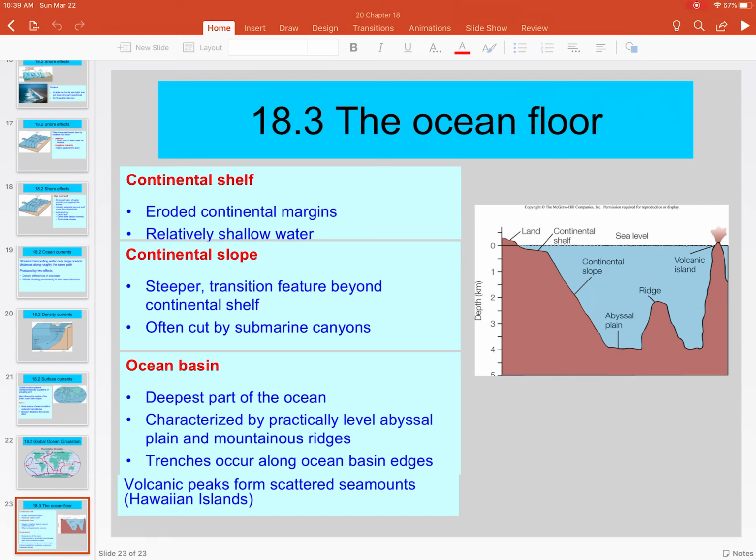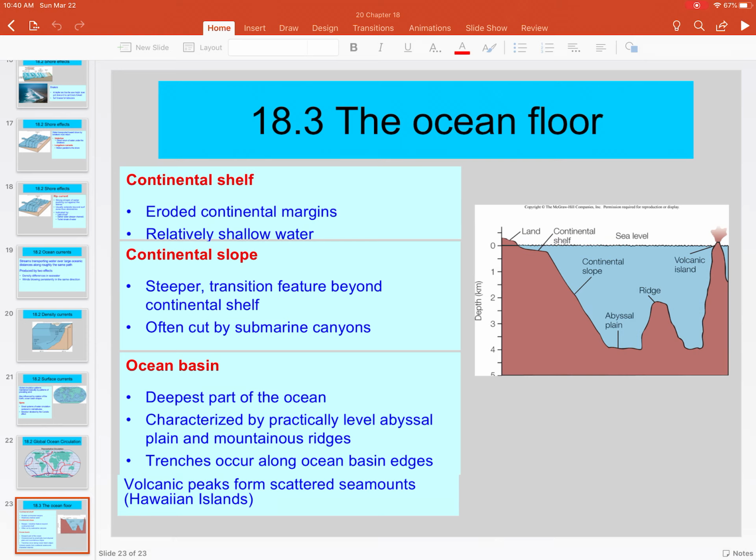So the continental shelf, this is the part that we really know the most about. It's where our beaches are. They are the eroded continental margins, relatively shallow water, normally about 0.2 of a kilometer deep, so very shallow.